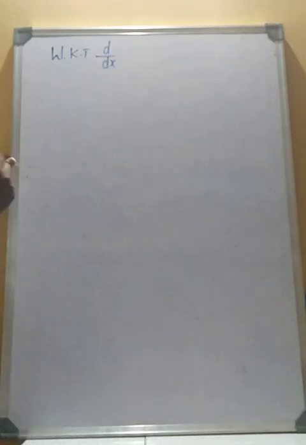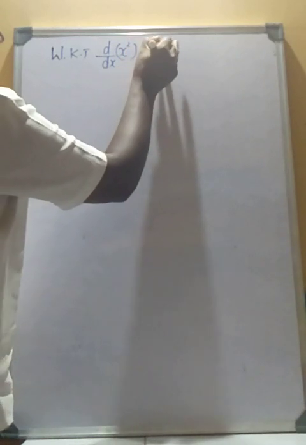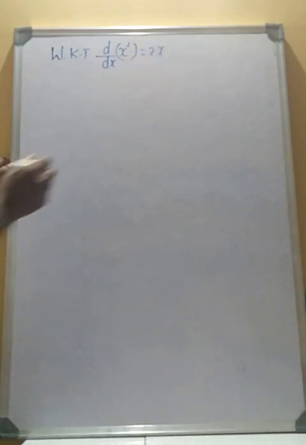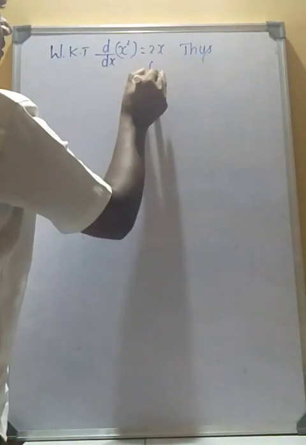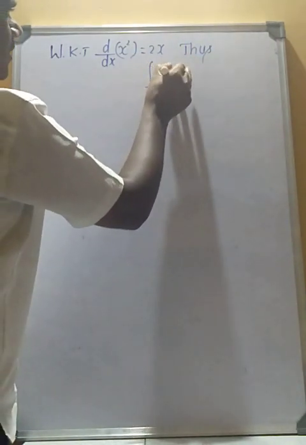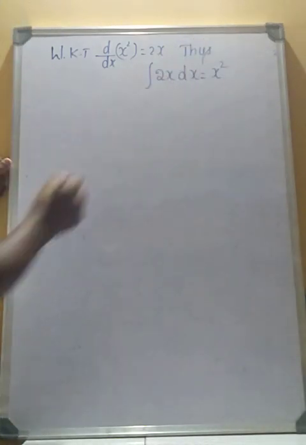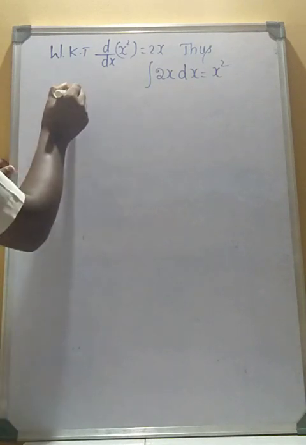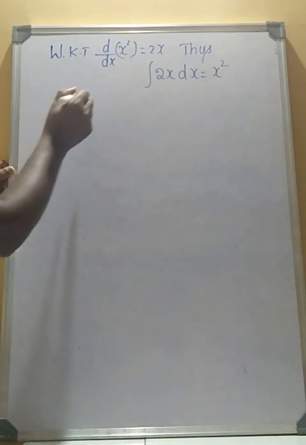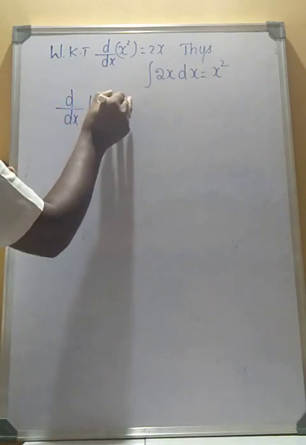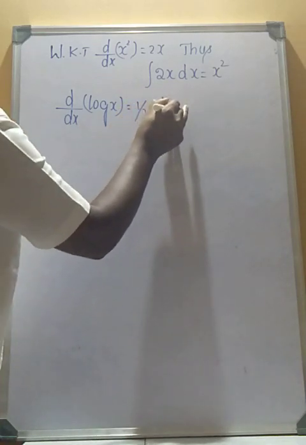That means the derivative of x square is equal to 2x. Thus, integral of 2x into dx is equal to x square. Similarly, d by dx of log x is equal to 1 by x.